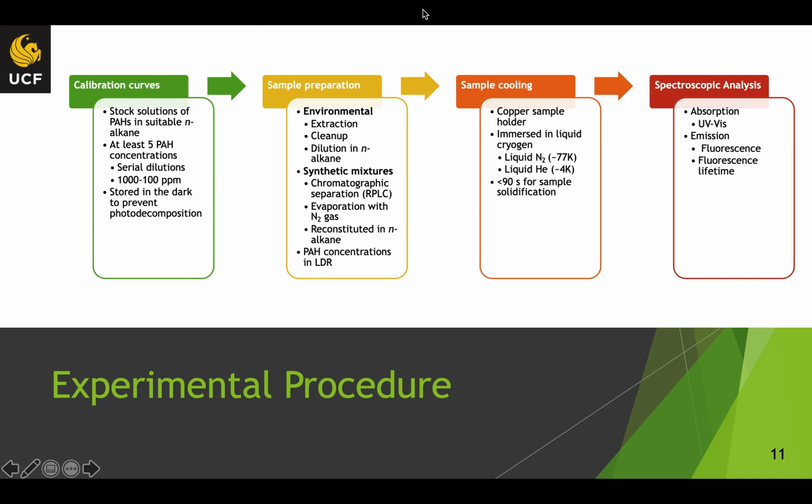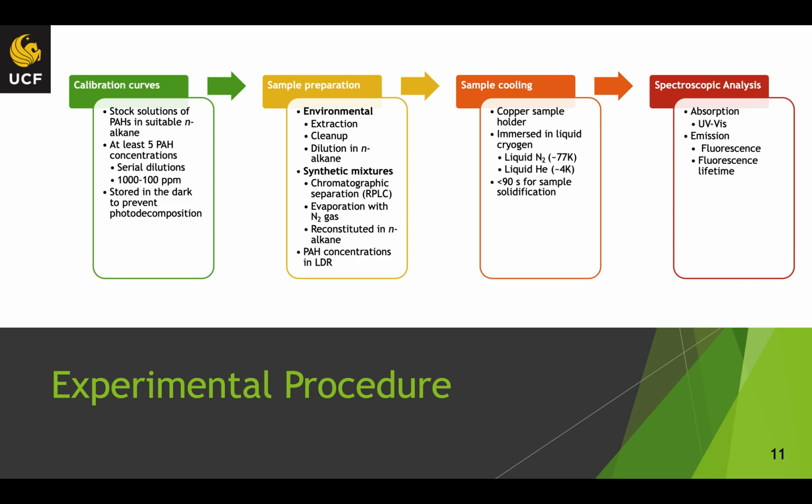One of the most important steps obviously would be the sample cooling. So usually these samples are held in copper sample holders, which are then immersed in liquid cryogen. Liquid nitrogen can achieve around 77 Kelvin, and then liquid helium would go even lower in temperature, to about 4 Kelvin.